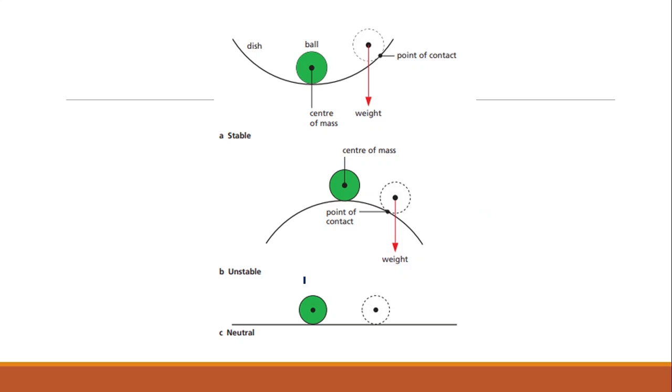Now, there are some examples of this. Over here you can see that initially you moved the ball, its center of mass rose, and then it came back to this place, and its center of mass came back to its original point. This is a stable equilibrium.